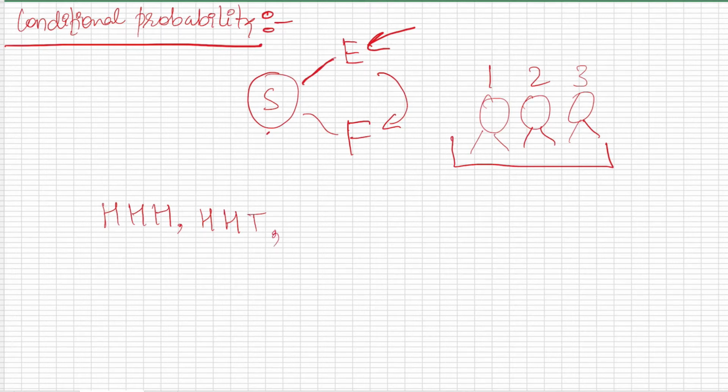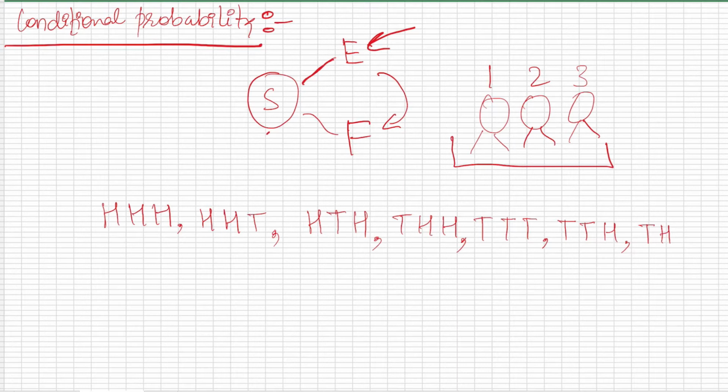Third outcome may be head on first coin, tail on second, and again head on third coin. The next outcome may be tail on first coin, then head on second coin, and then head on third coin. Next outcome may be all the coins showing tail. Next outcome may be tail on first, tail on second, and head on third.